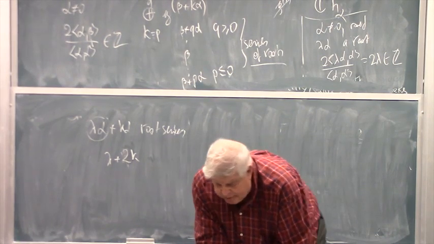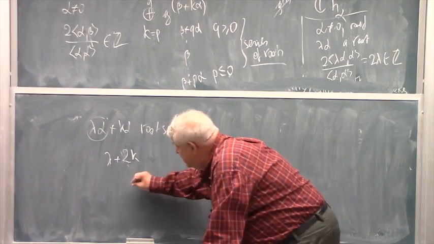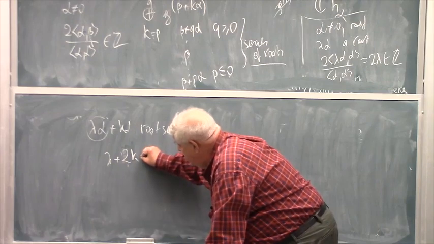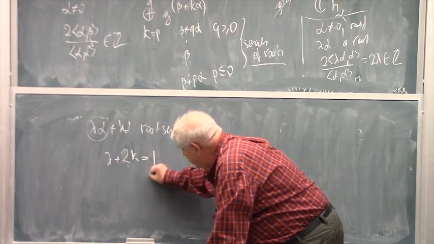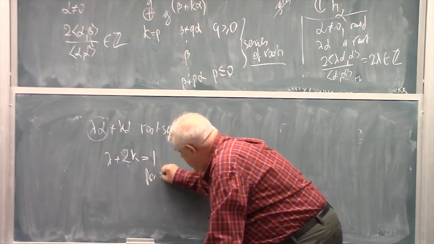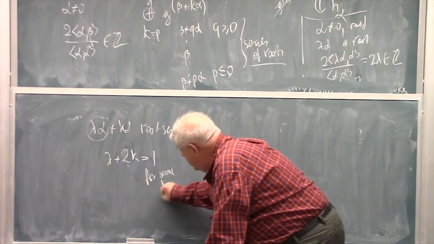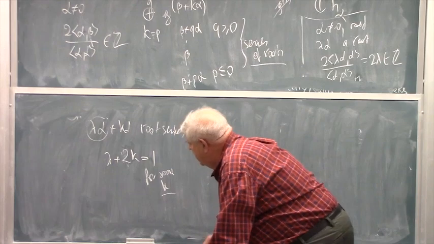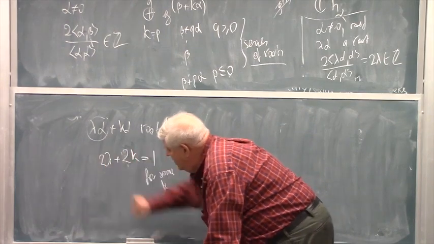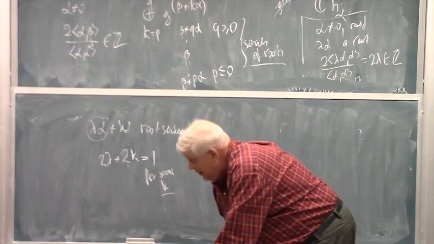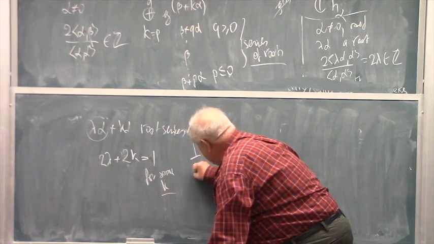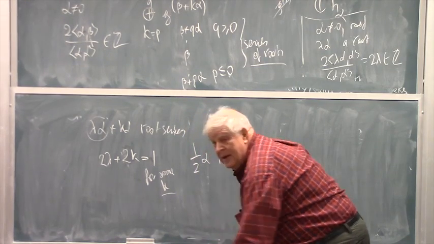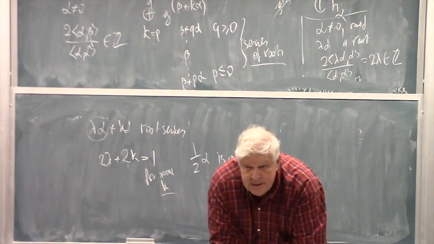And since it's symmetric, then we see that for some k, 2 lambda plus 2k must be equal to 1, which means that 1/2 alpha is a root, right?